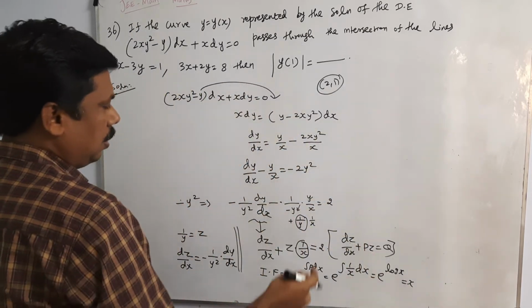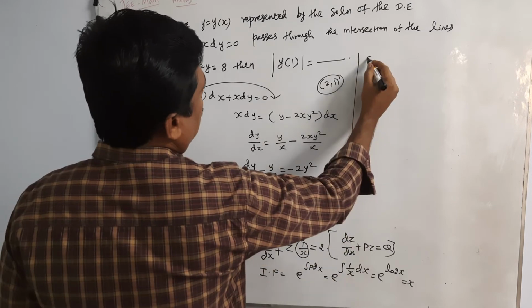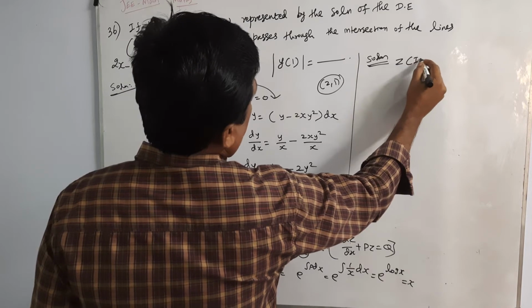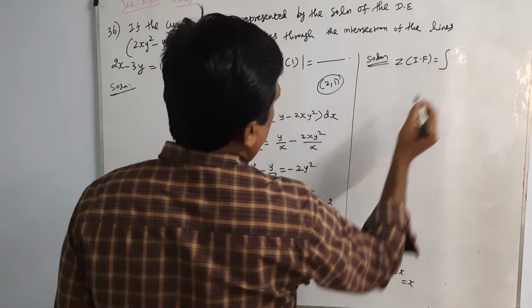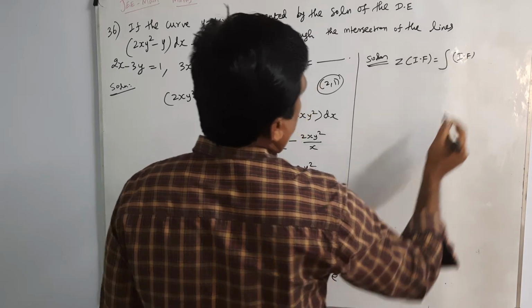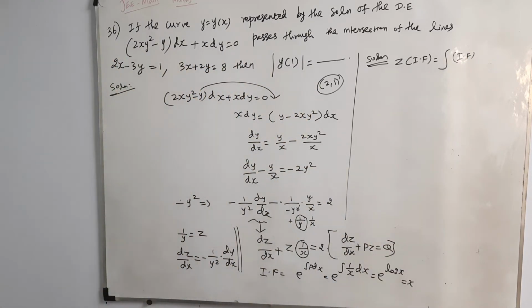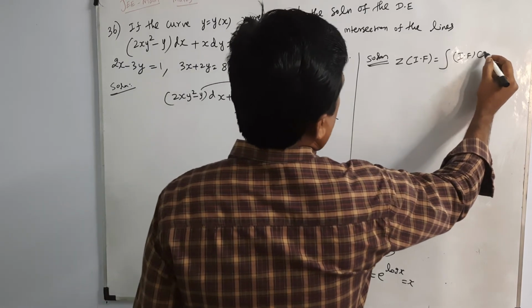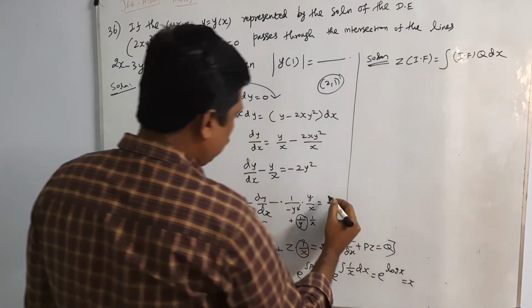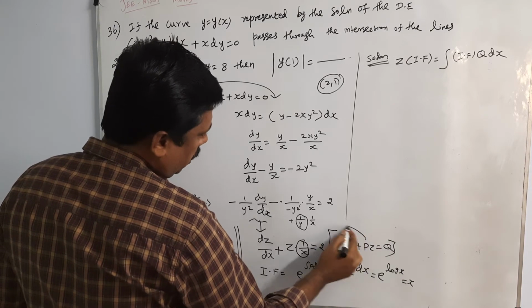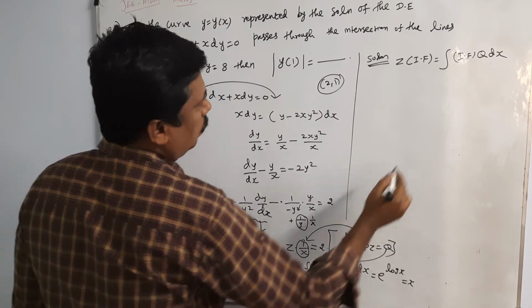So IF is x. What is the solution? Solution is z into IF equal to integration of IF into q dx. p is 1 by x, q is 2.